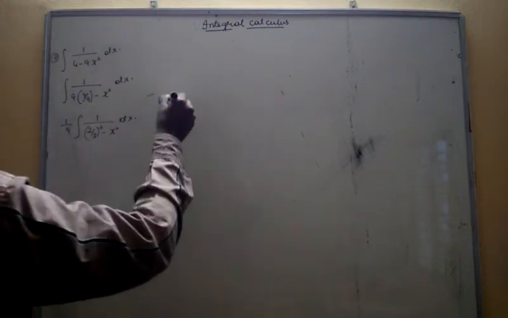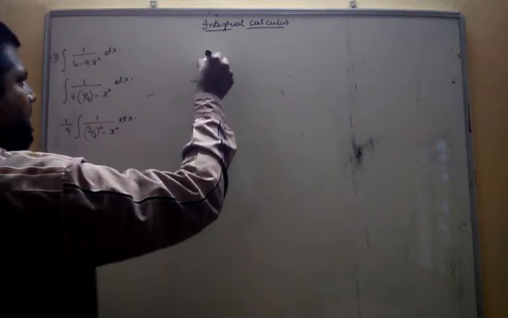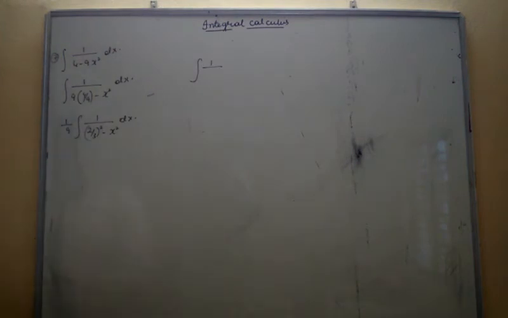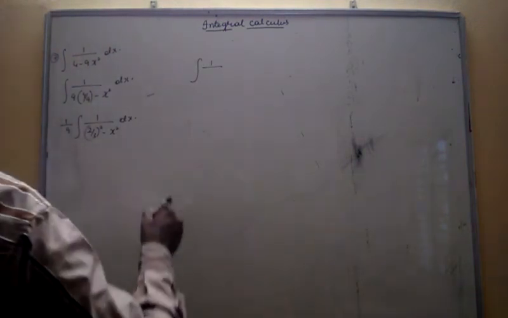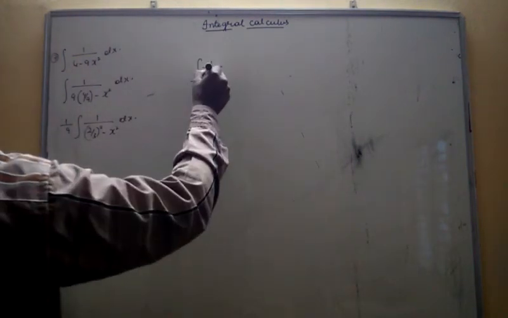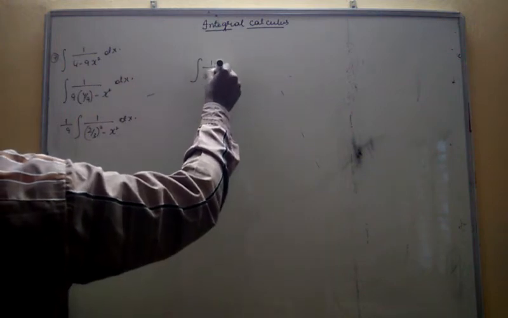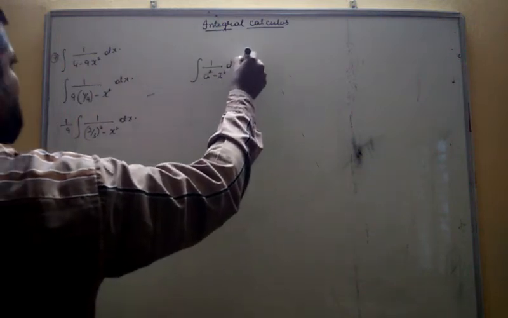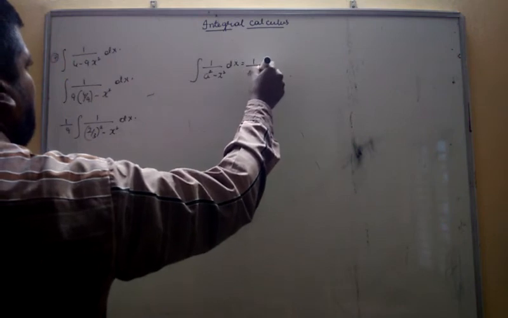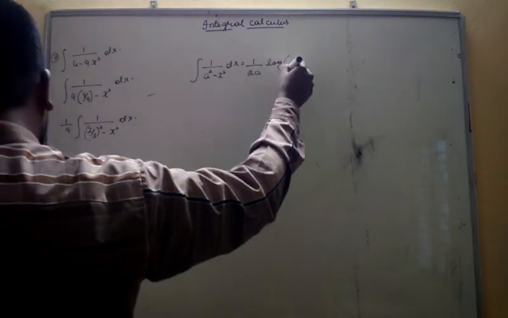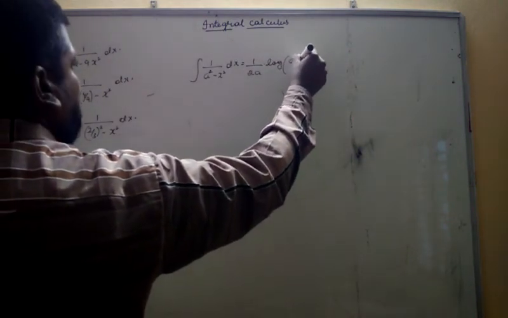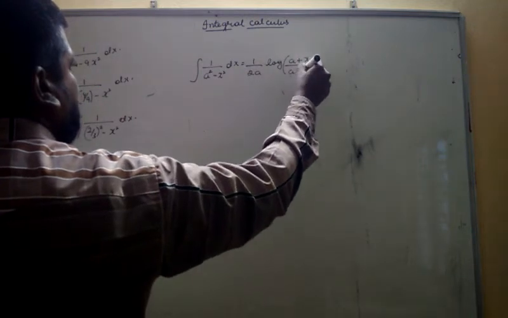So it is in the form of integration of 1 by a square minus x square dx is equal to 1 by 2a log of a plus x by a minus x plus c.